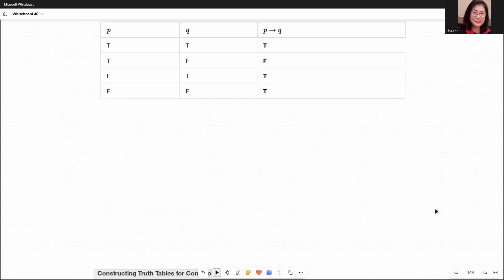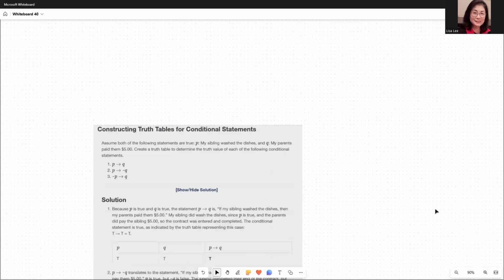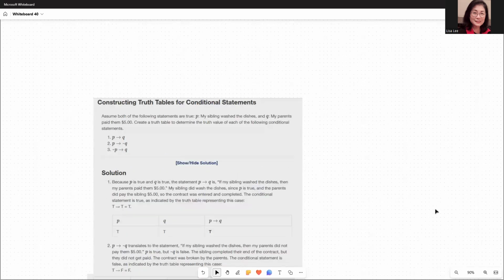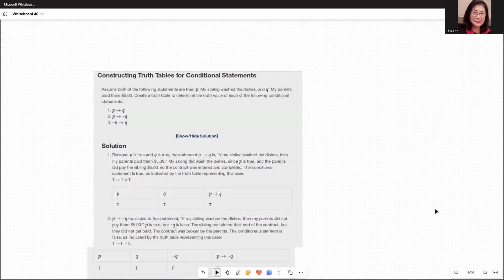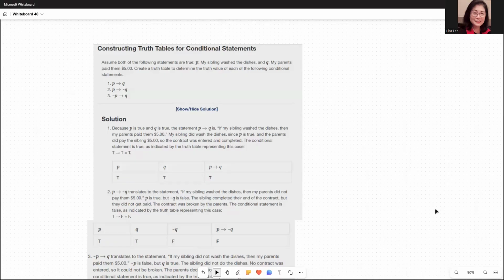Below is another example for constructing a truth table for a conditional statement. Assume both of the following statements are true. P represents my sibling washed the dishes, and Q, my parents paid them $5. Create a truth table to determine the truth value of each of the following conditional statements.